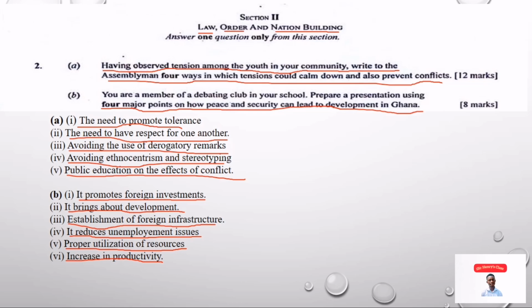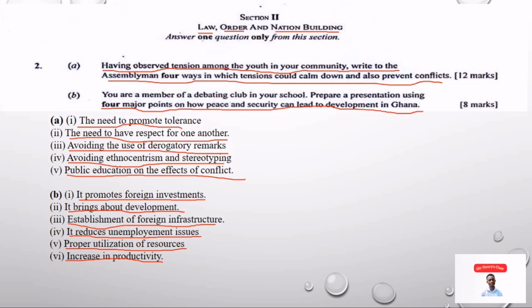It reduces unemployment issues. So as they invest, if it's into natural resource, they set up industries where they hire the services of people to work in these industries, and it's a way of providing employment to people.